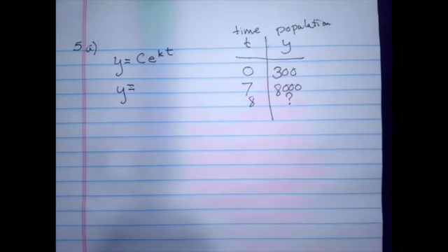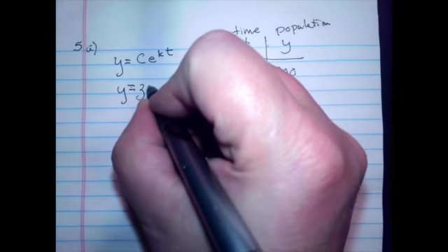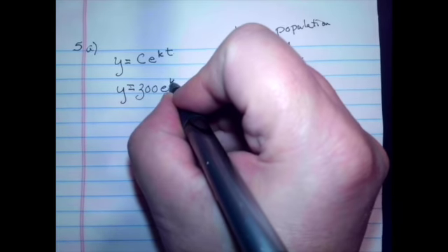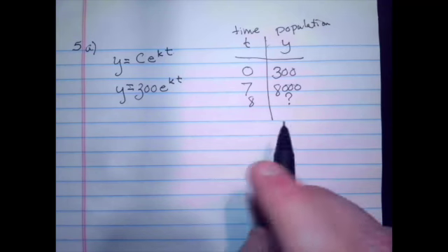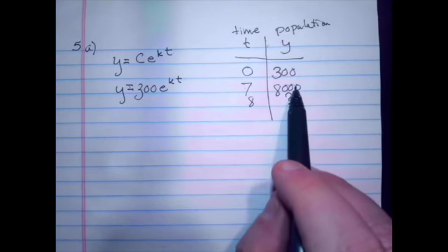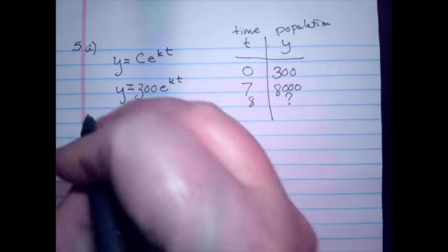Alright, so going back to our growth model, the initial population is 300. And now we need to solve for k. Well, this is where the second line comes in. We'll substitute in 7 for t and 8,000 for y.